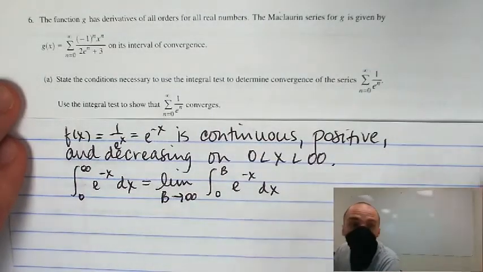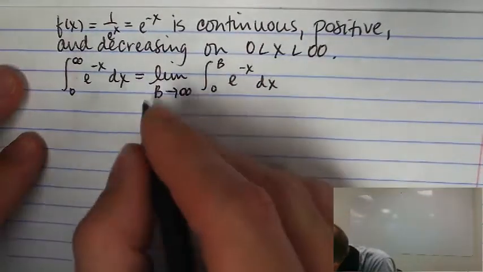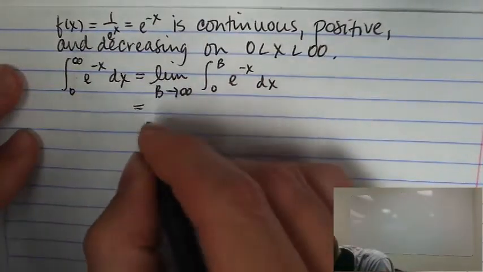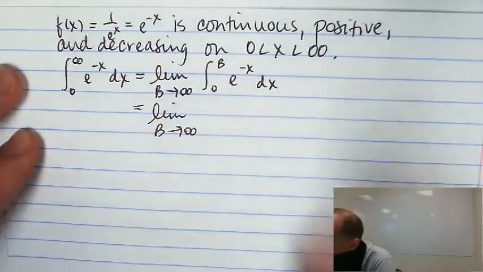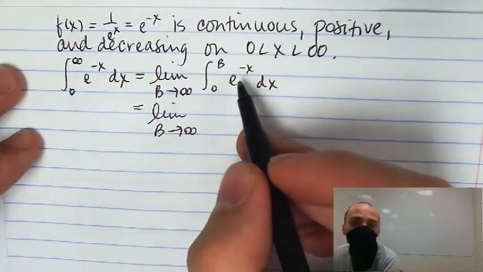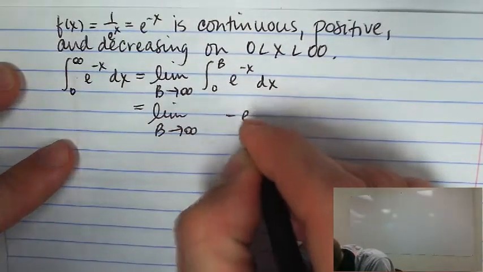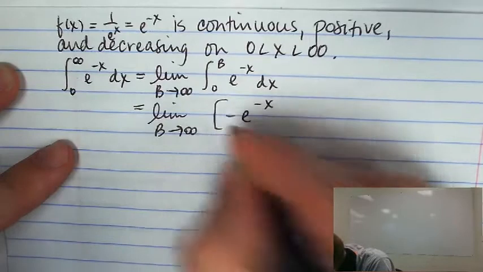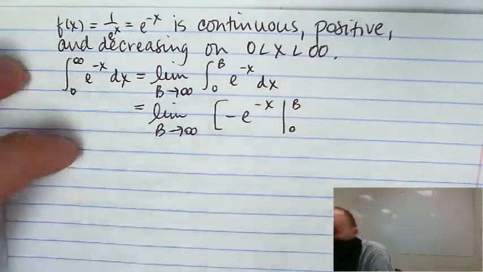I'm going to say that this is equal to the limit as b approaches infinity of an antiderivative for e to the negative x, which is negative e to the negative x, as x runs from 0 to b.